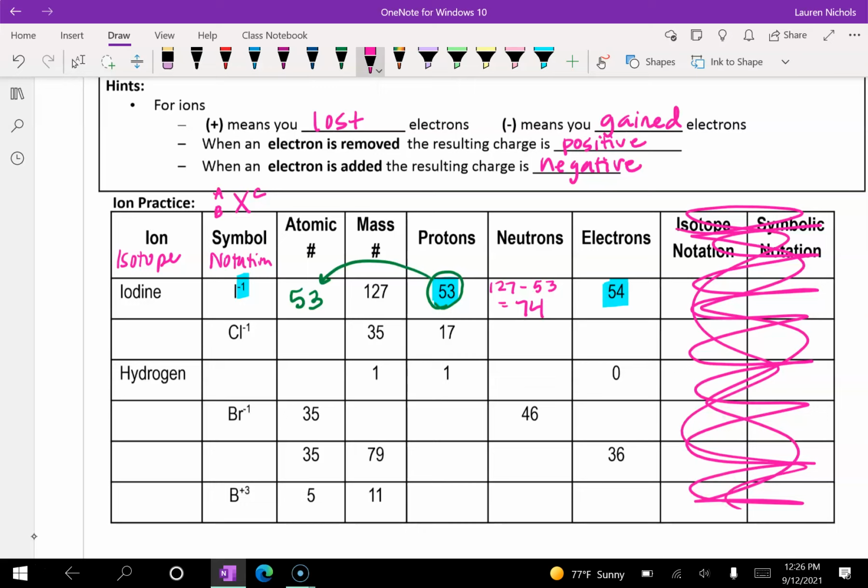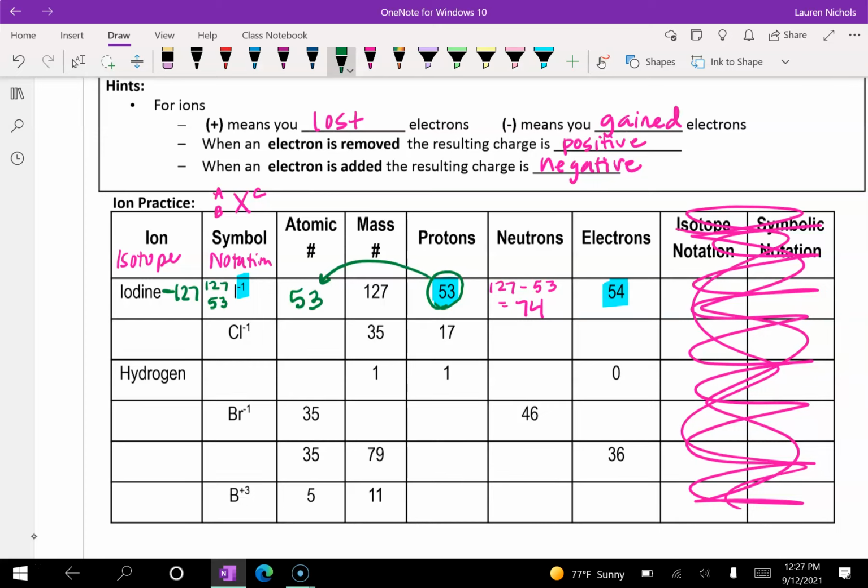So once I know my protons, neutrons, and electrons, I can write my isotope and symbolic notation. So 53 protons, atomic number 53 is iodine, and my mass number is 127, so I do iodine hyphen 127. And for my symbolic notation, I would put 127 at the top and 53 at the bottom. The charge is already there.